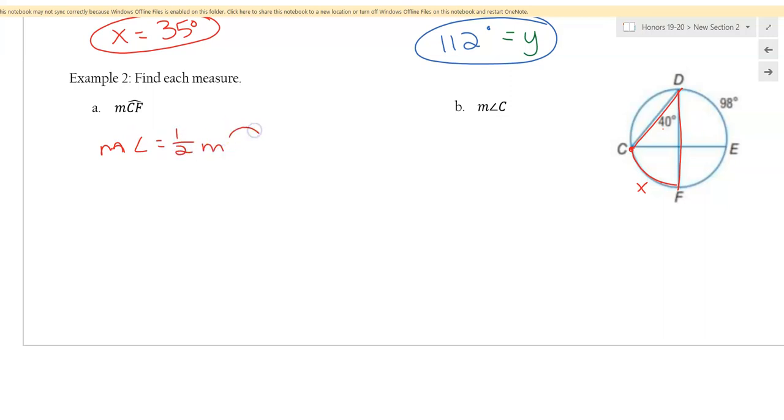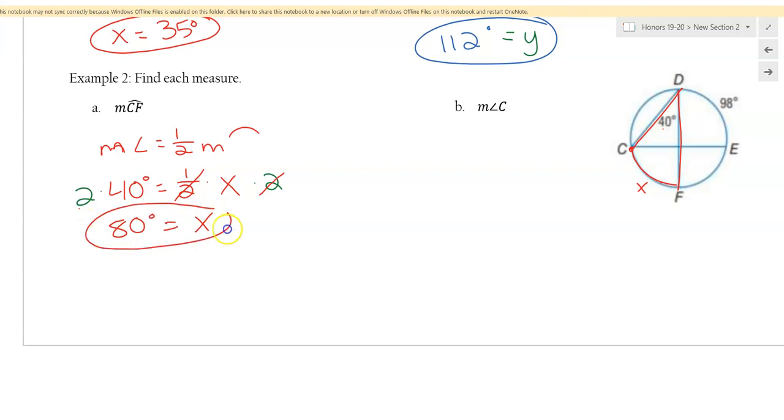Measure of the arc. So the measure of the angle is 40 degrees. X. This is another one where, to get rid of that 1/2, I'm going to multiply both sides by 2. Okay, so this cancels, I'm left with x equals 2 times 40 is 80 degrees.